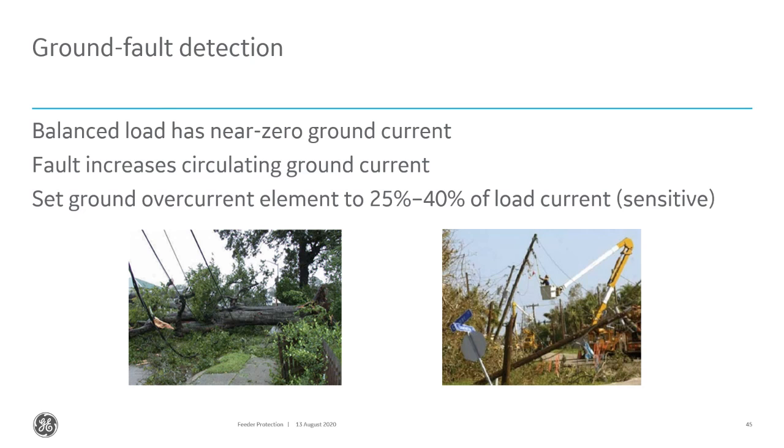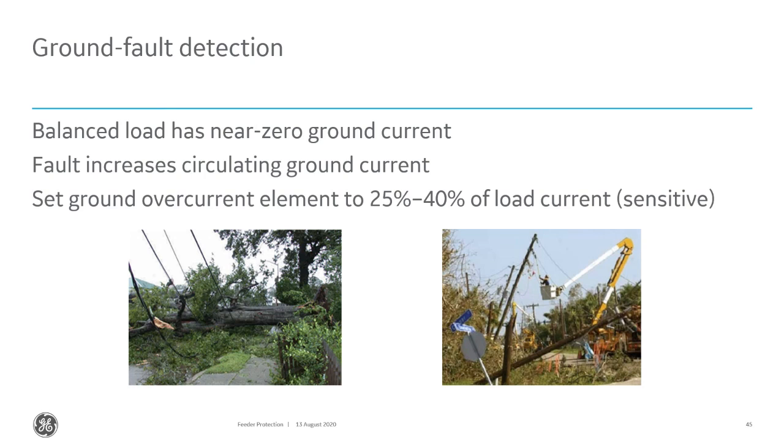With phase overcurrent, I have to set it to trip for faults, but at the same time, I don't want it to trip for load currents. So I have to set it somewhere in between my minimum fault current level and my maximum loading on the feeder. Whereas with a ground overcurrent element, I don't really need to look at loading on the feeder, because during normal conditions my feeder is balanced, so I should see very little, close to zero, ground current.